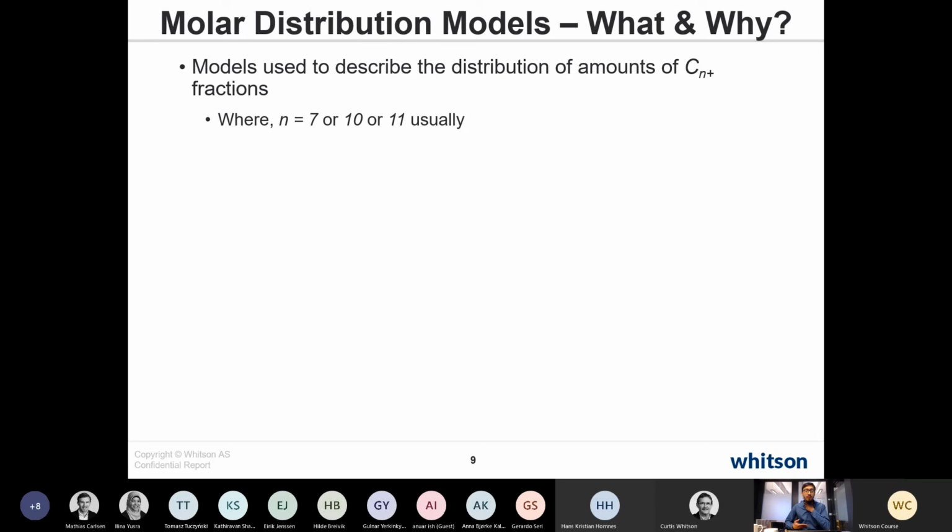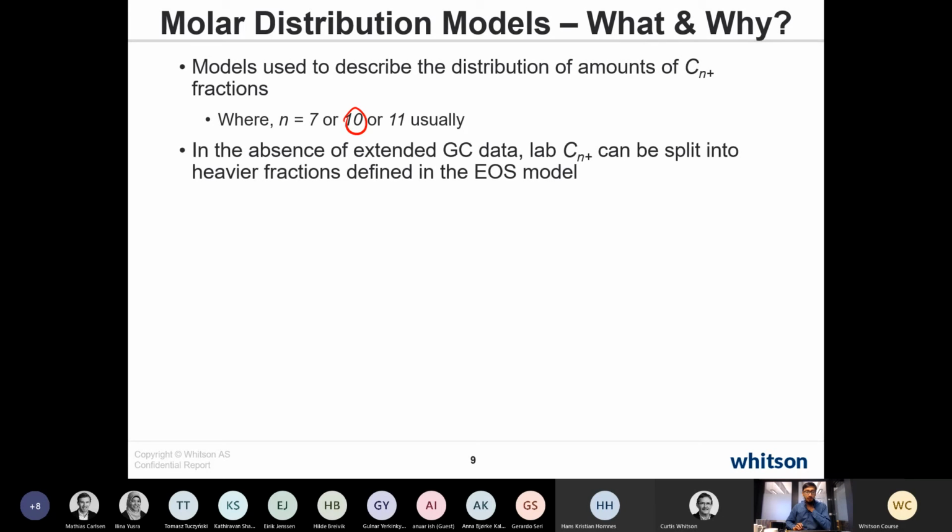We saw before, for C7 you have benzene, and toluene for C8. So when these isomers are reported, generally your Cn plus is the C10 plus or C11 plus, the carbon number from where the single carbon numbers actually start in your GC data.